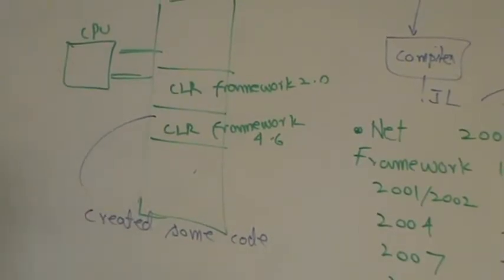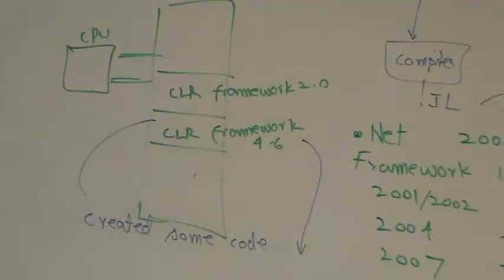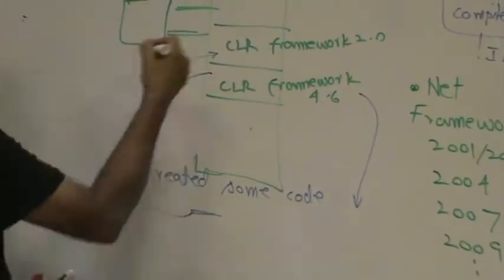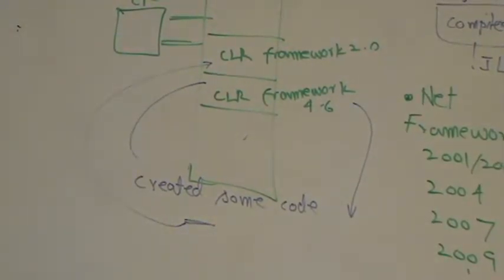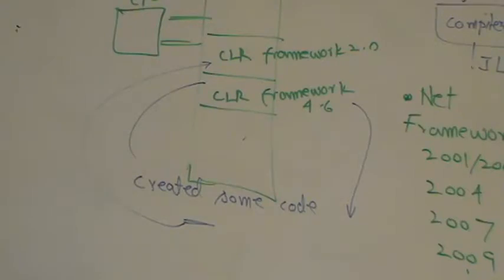So for example, if you created some code over here, and some of the classes it's using are coming from this framework library. Now your code needs to call into some of the classes which were developed earlier, in an older version. You can easily do that without having to do anything special. It will automatically know which framework, and because they are residing in the memory at the same time, the versioning becomes automatic.